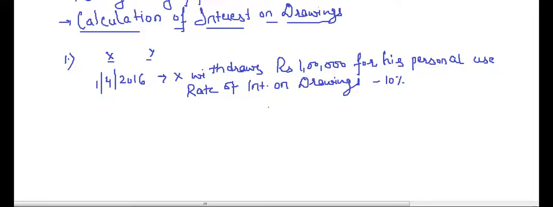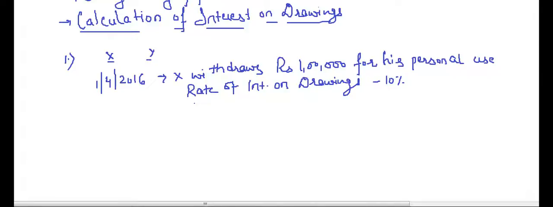Now what is happening is that X is withdrawing rupees 1 lakh on 1st of April 2016. Rate of interest is 10%. Now he is using this money for the complete accounting period. Suppose this 1 lakh was not withdrawn by X on 1st April.